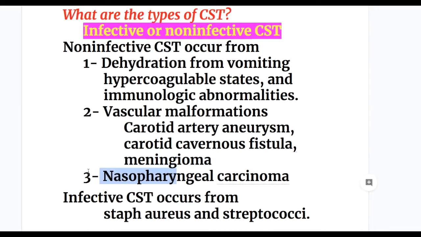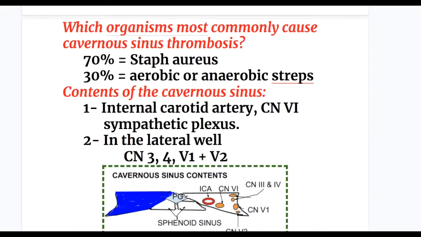And number 3. Nasopharyngeal carcinoma can also cause non-infective cavernous sinus thrombosis, whereas infective cavernous sinus thrombosis occurs from Staph aureus and streptococci. Which organisms most commonly cause cavernous sinus thrombosis? 70% occur due to Staph aureus and 30% by aerobic or anaerobic streptococci.